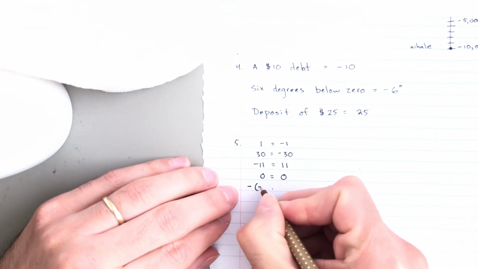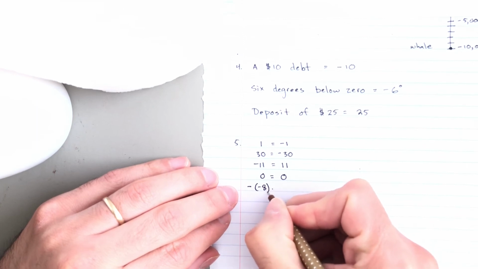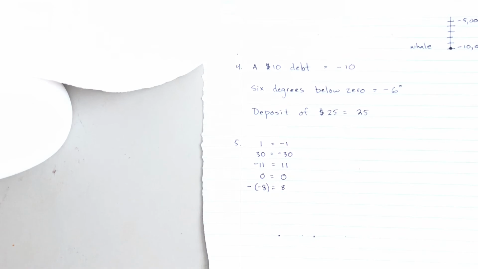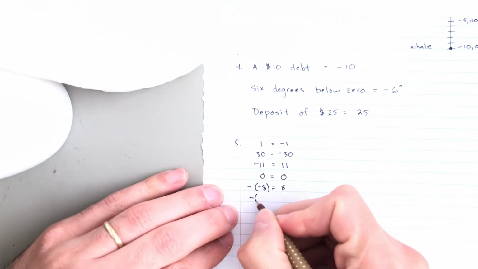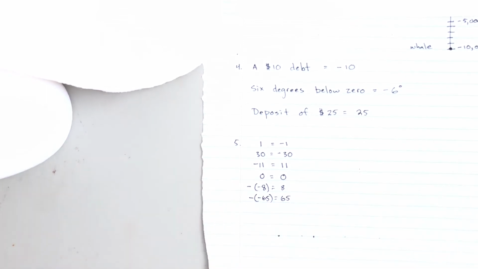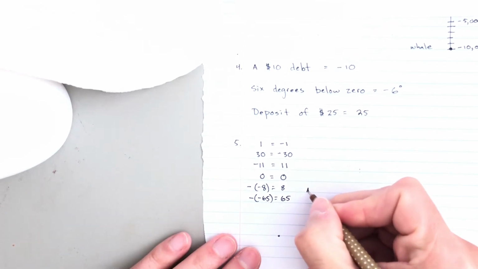The opposite of negative 8 would be 8. The opposite of negative 65 is 65. Pay attention to these ones.